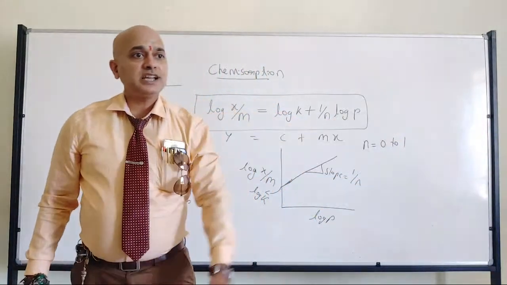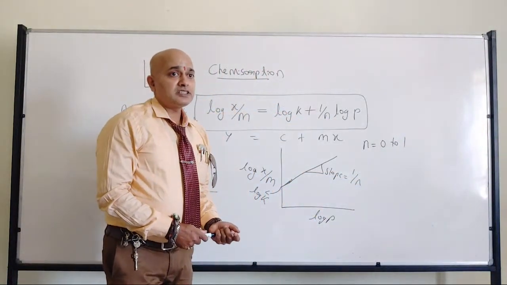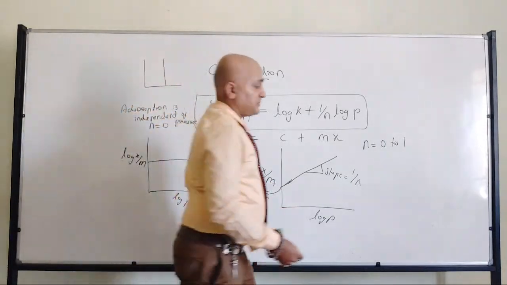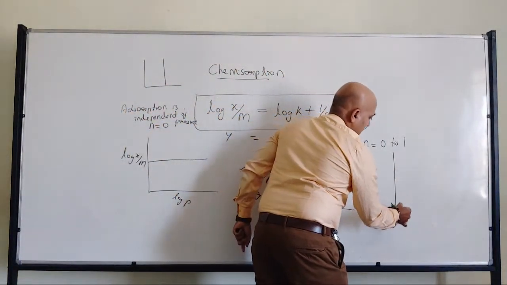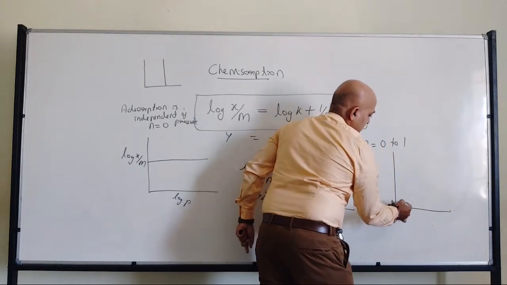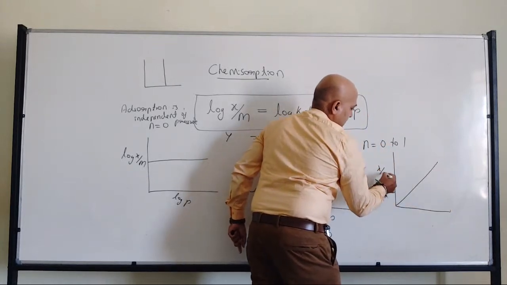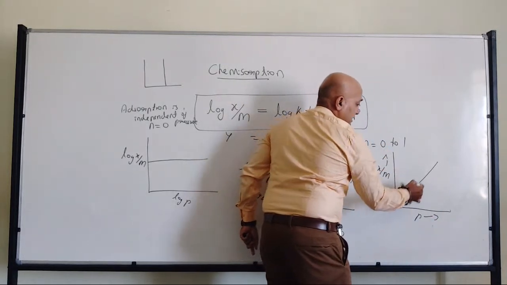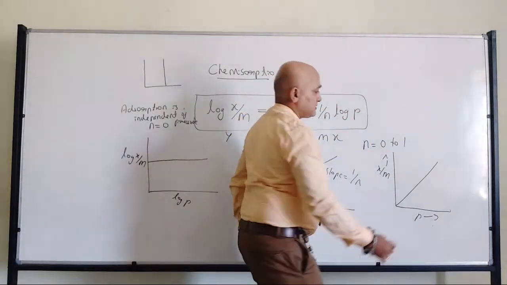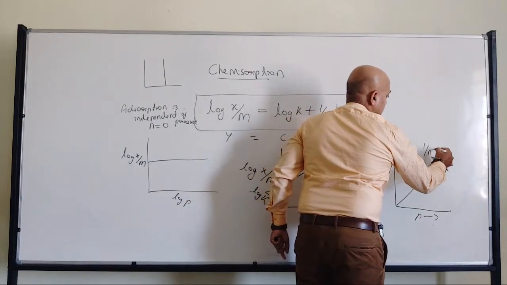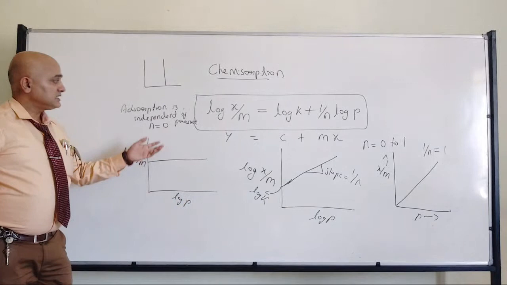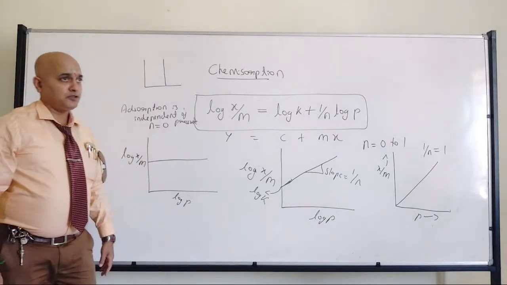Okay, Varshita has written, very good. So adsorption varies directly with pressure. How will the graph be then? The graph will be almost like this, x by m versus pressure, when 1 by n value is equal to 1. So this is where 1 by n value is equal to 0.